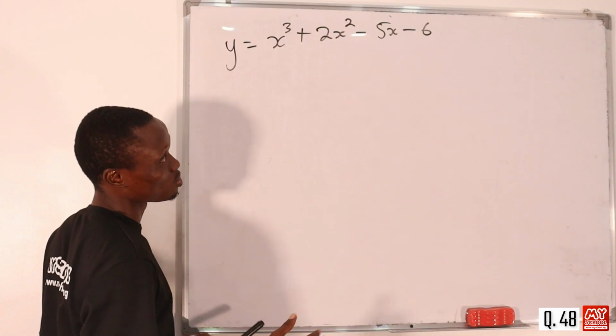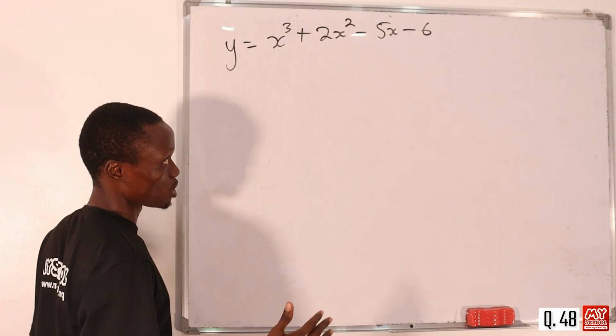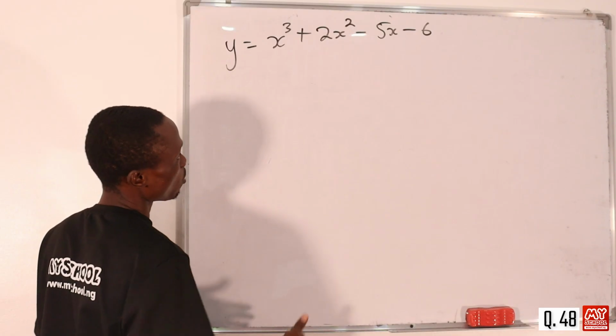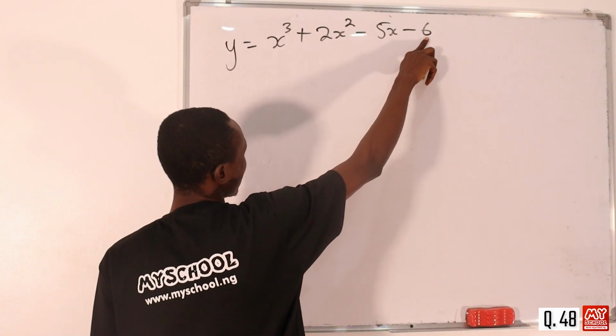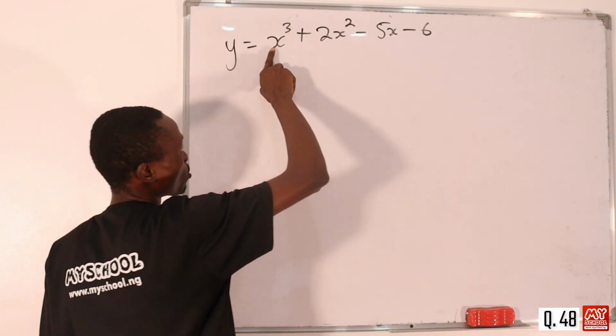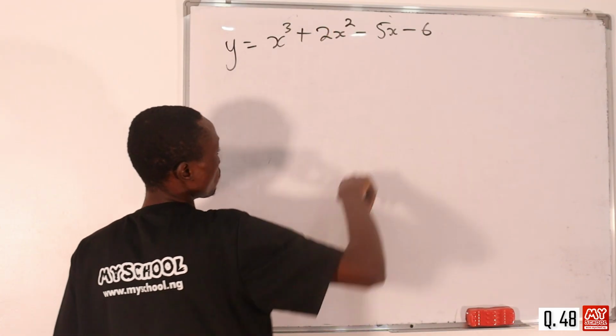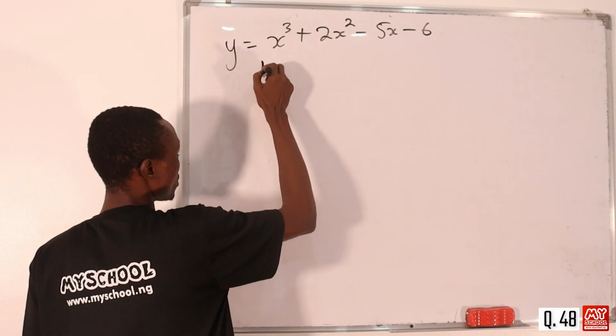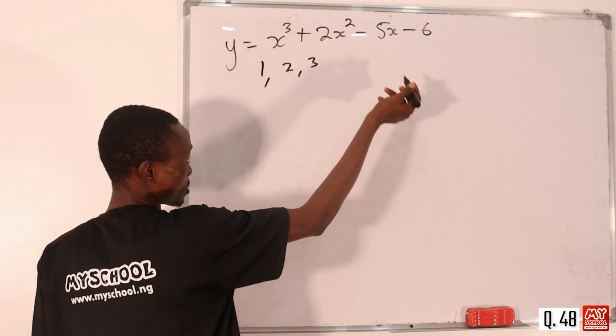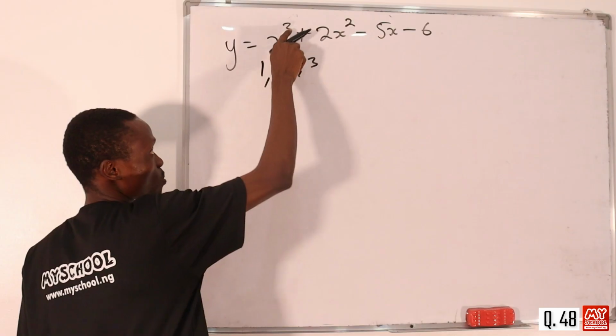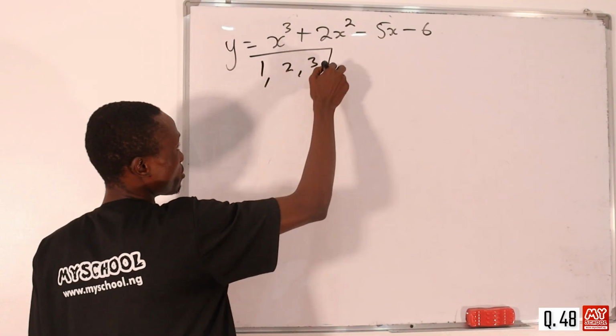So what we are going to be doing here is the trial and error method. Our focus will be on the last term here, since the coefficient of x squared here is 1. So the factors of 6 are 1, 2, 3, and 6. But basically, since this is raised to power 3, we only need 3 values.